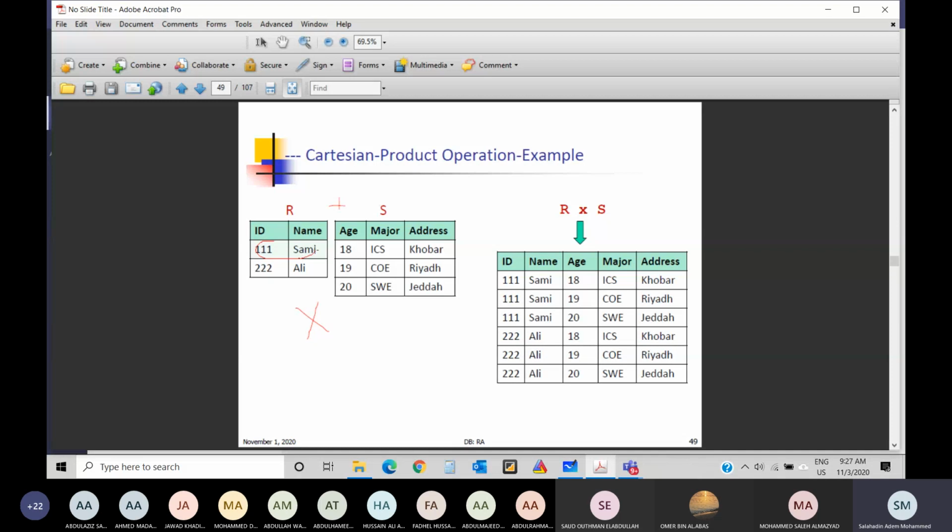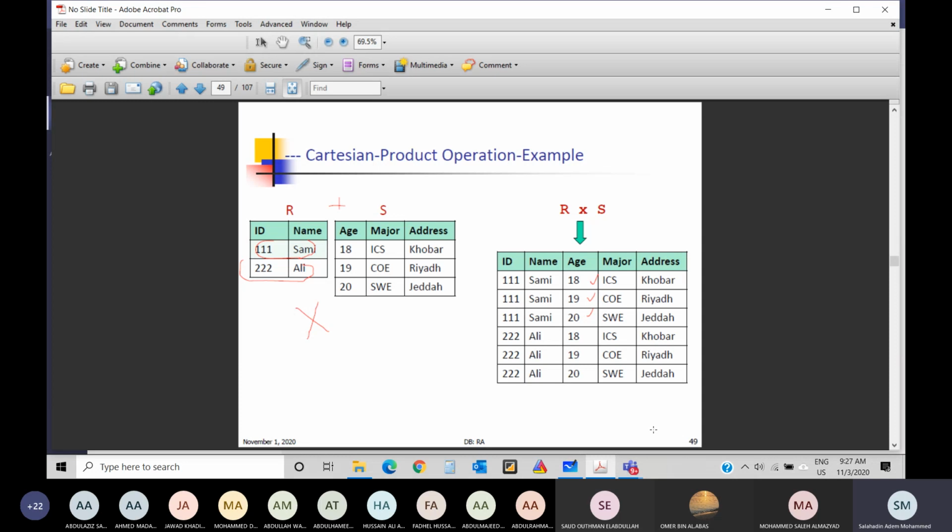So this will be repeated 3 times. First with this row, then with this row, then with this row. So this was the first row from the second table, the second row from the second table, and the third row from the second table. Then do the same thing with Ali as well. So that's why you get 6 here, guys. So this is called a Cartesian product.